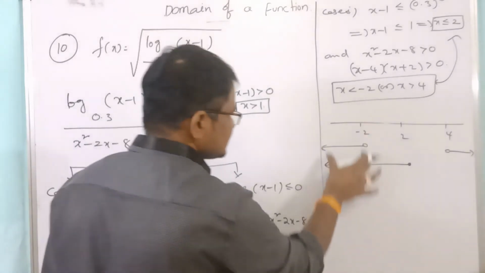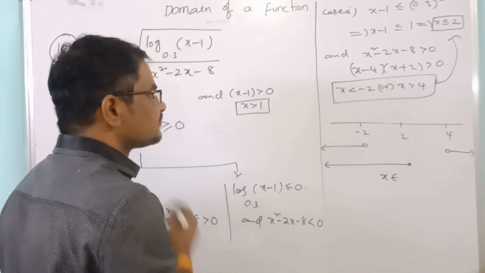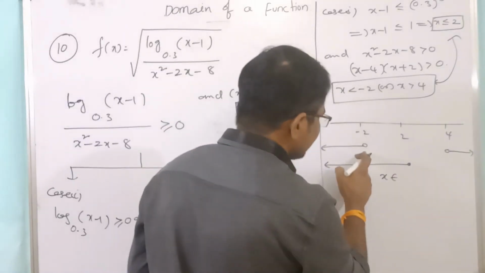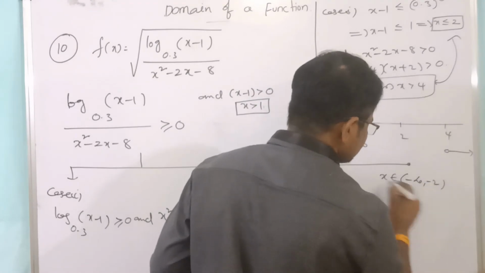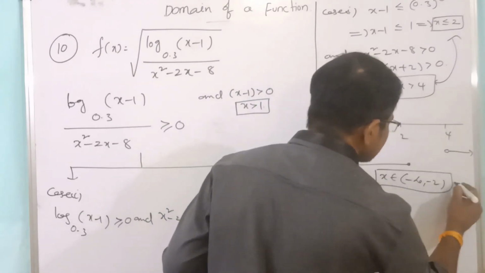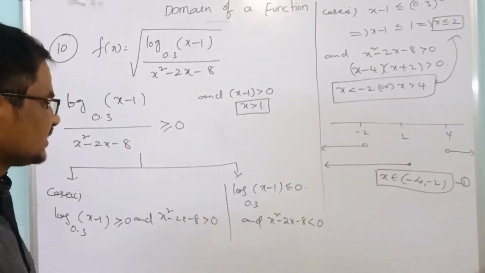Common values, these are the common values, means x belongs to what? From here to here, minus infinity to minus 2. So take this as equation number 1 by case 1, right?